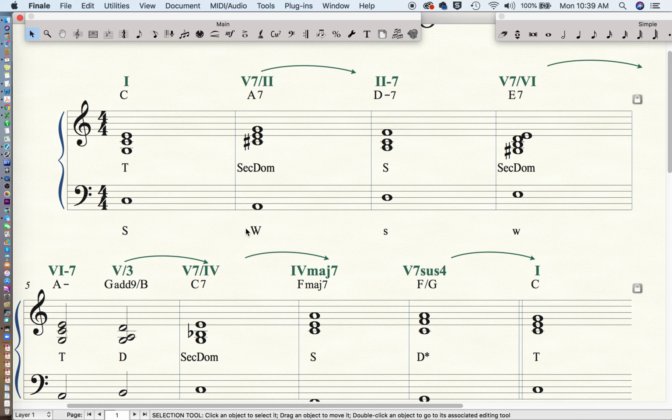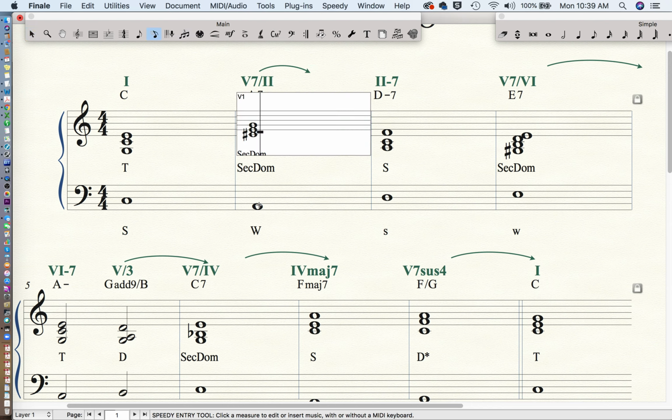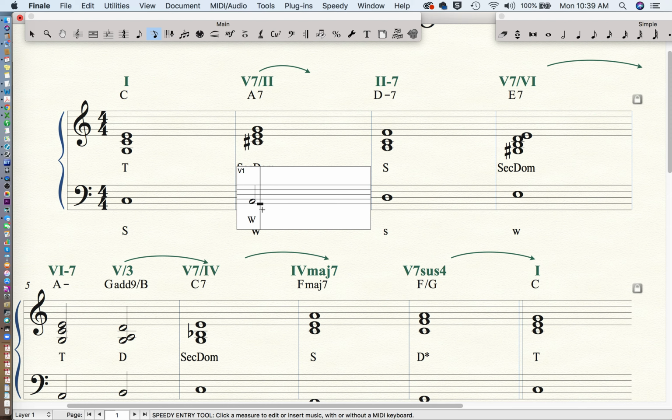That's because secondary dominants usually go on a weak harmonic stress. And so we want the related two on a stronger harmonic stress, so right at the very beginning, and then the related two is going to shift to a weaker harmonic stress a little bit later. So what I'm going to do is move these a little bit to the right.